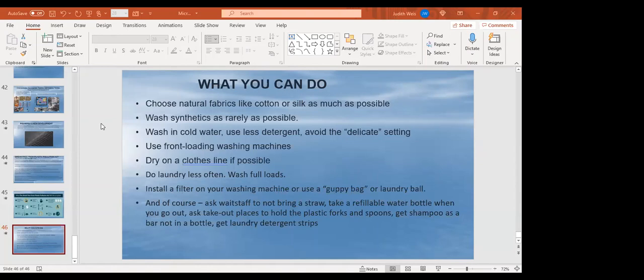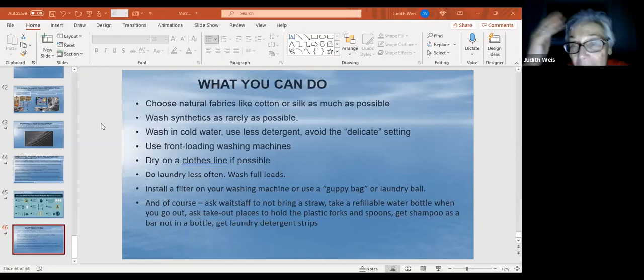This is Elaine. It makes sense to me, and not avoiding the delicate cycle, which has a shorter wash time, a less vigorous wash time, and it doesn't even spin as much to dry off moisture. That would be an improvement over the regular hard cycle. So I'm not sure that recommendation makes a lot of sense, not to use the delicate cycle, unless we have more data on that. There was data. This was a surprise to the investigators also.